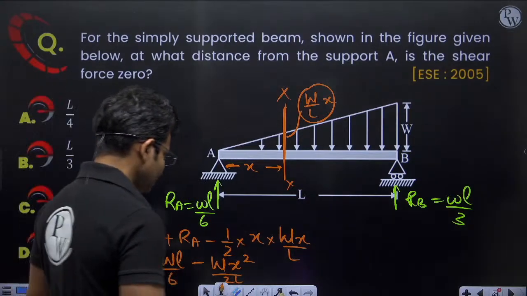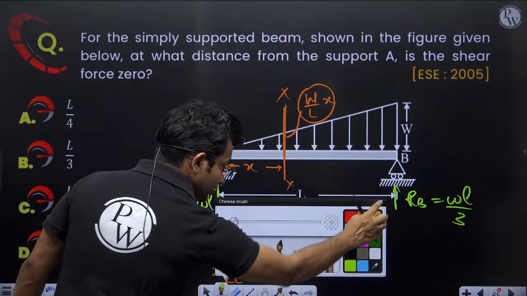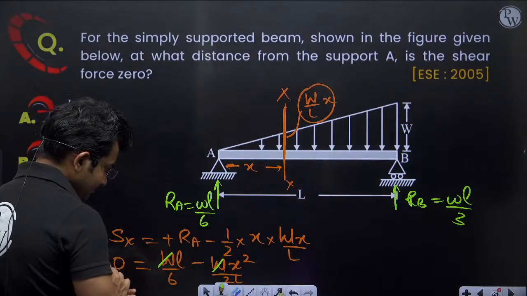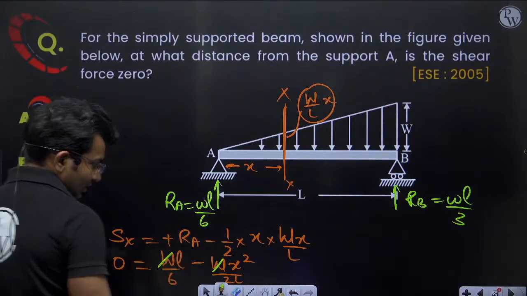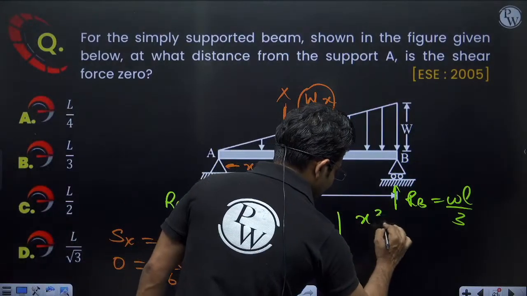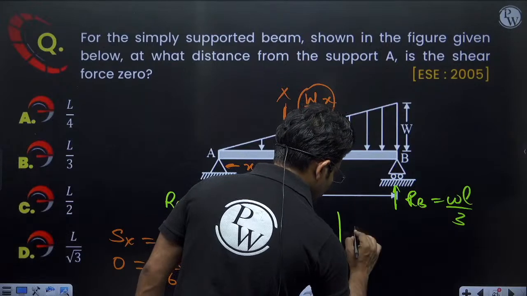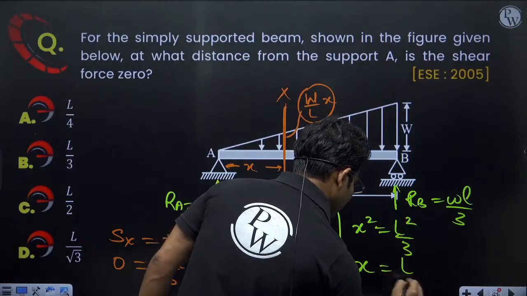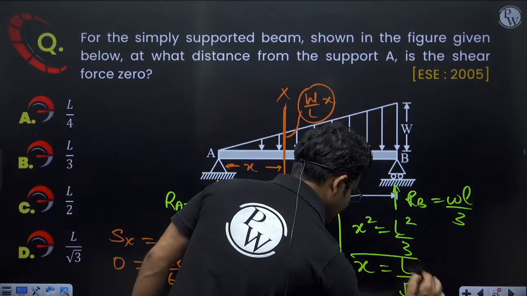From here I can calculate the value of x. This capital W and capital W will get cancelled out. I will be getting x square equal to L square by 3, x is equal to L by root 3. The correct answer will be this.